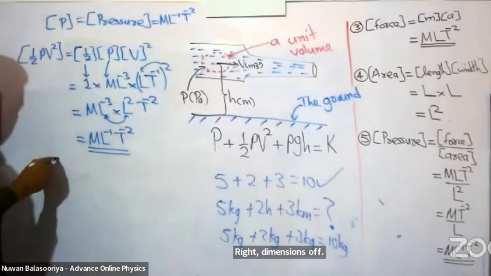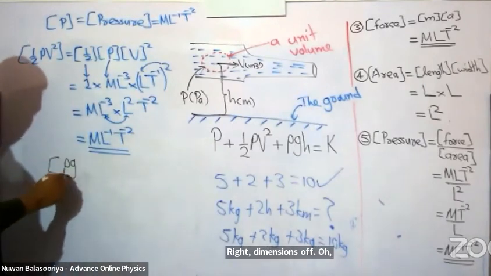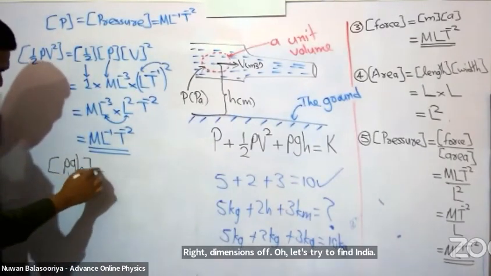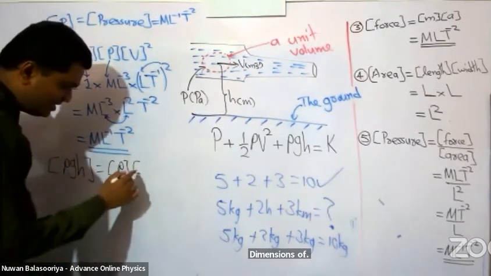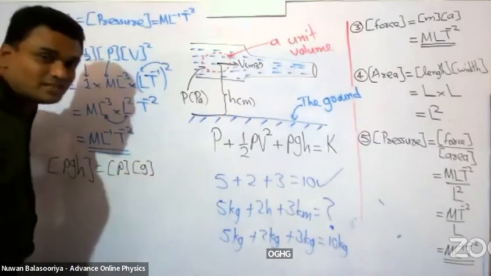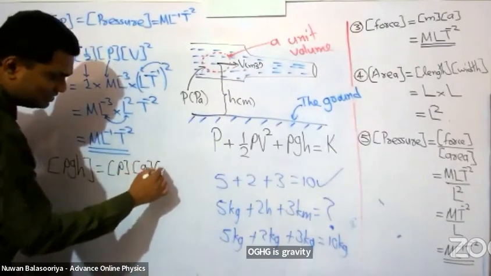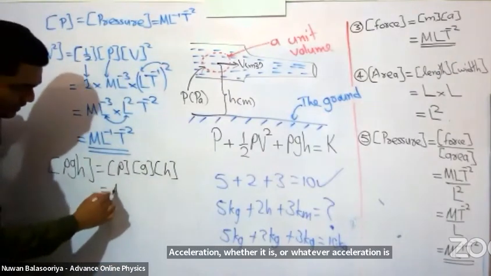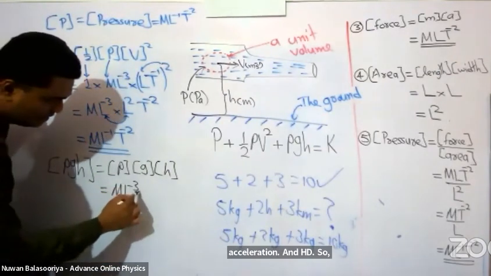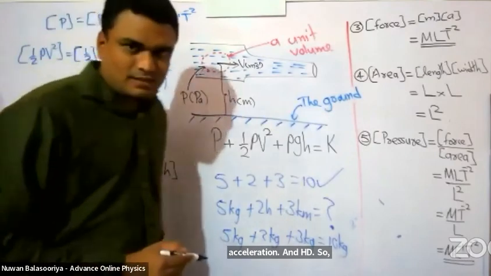Dimensions of rho GH. Rho is a density. G is gravitational acceleration. Whether it is gravitation or whatever, acceleration is acceleration. And H is height. So dimensions of rho, density, is ML minus 3. Acceleration, do you remember?